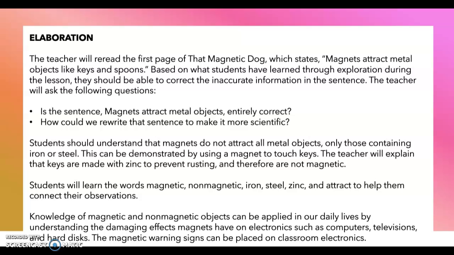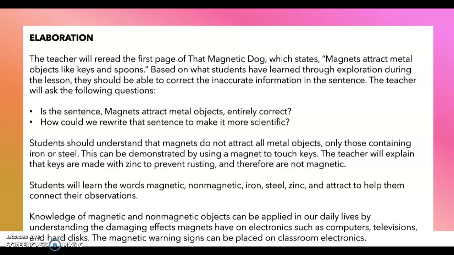This can be demonstrated by using a magnet to touch keys, and it can be explained that keys are made with zinc to prevent rusting and therefore are not magnetic. Students will learn the words magnetic, non-magnetic, iron, steel, zinc, and attract to help them connect their observations.